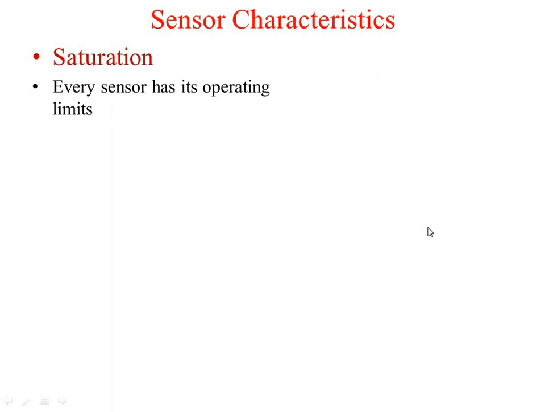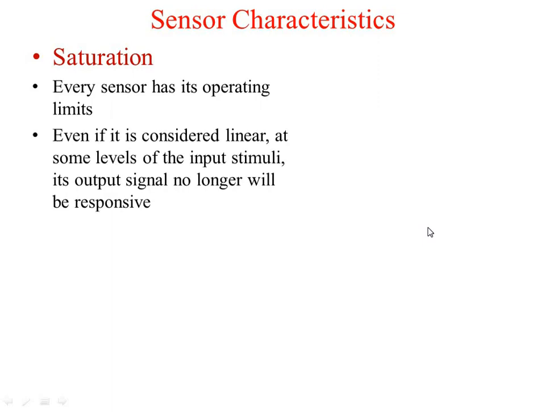That means even if you increase the input, the output will not change in the same proportion, or the output is almost stagnant, and that stagnant portion we call saturation. So this is what we are expecting here.